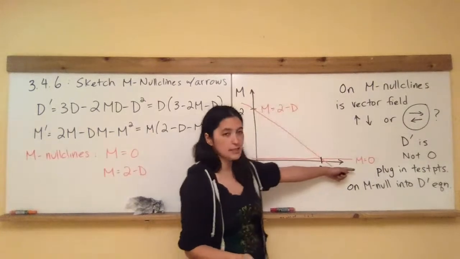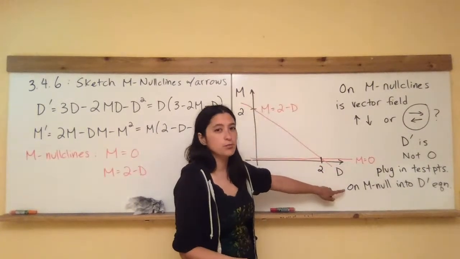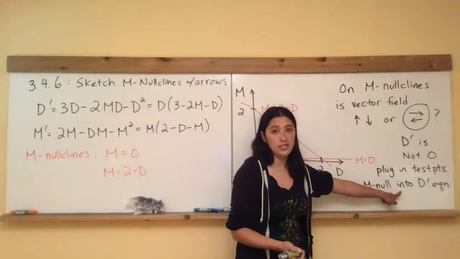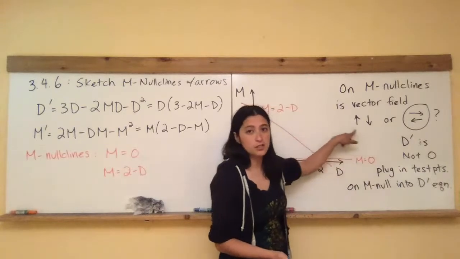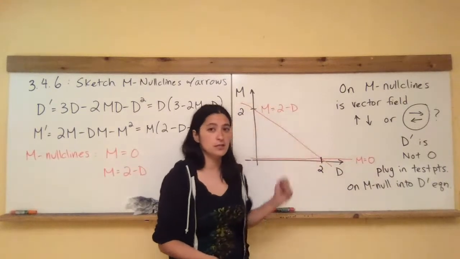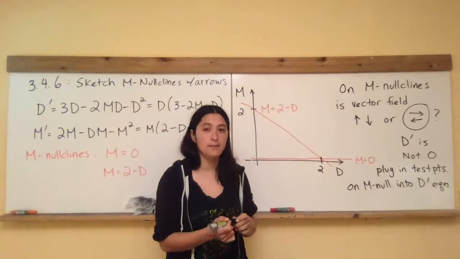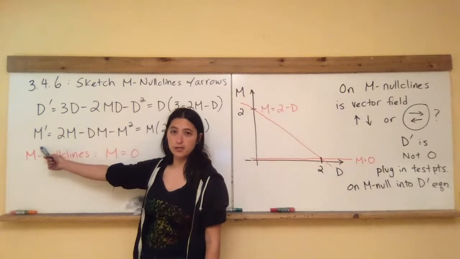So I'm going to be plugging in test points that lie on the M nullcline, and I'm going to plug them into the D prime equation. And that's going to tell me whether it's going left or right. There is no up or down component on the M nullcline. That is indeed what defines it as an M nullcline, that there is 0 behavior in the up or down direction.